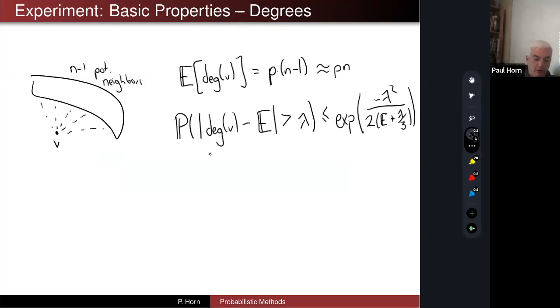Okay, so this is all well and good. But of course, there are many, many vertices in the graph. So perhaps I'd like to say something not just about a given vertex, but about all vertices simultaneously.